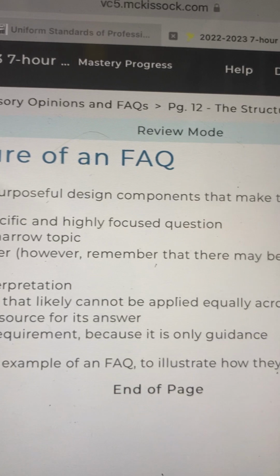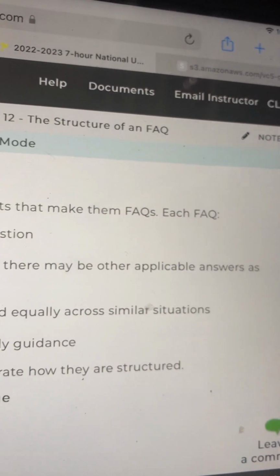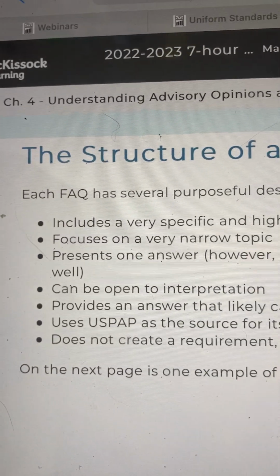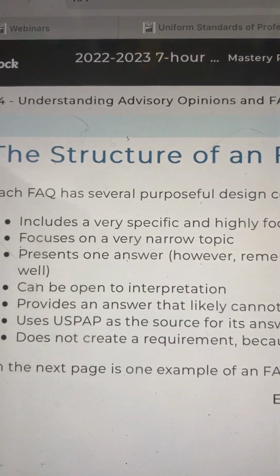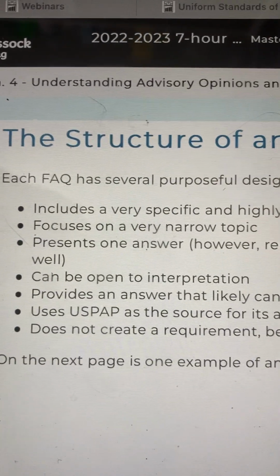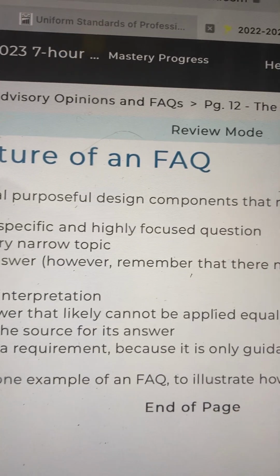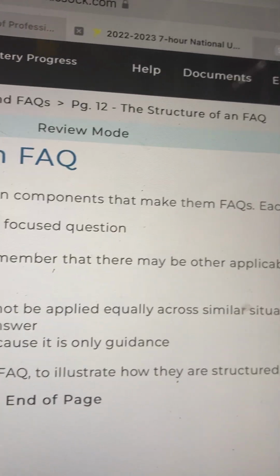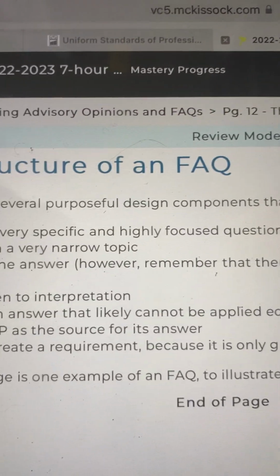However, remember that there may be other applicable answers as well. Can be open to interpretation. Provides an answer that likely cannot be applied equally across similar situations.